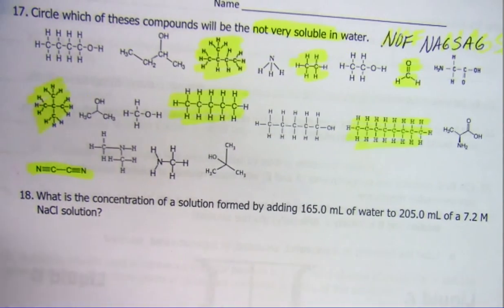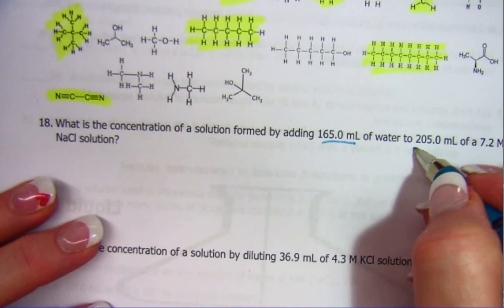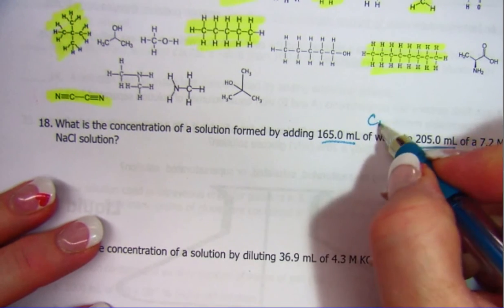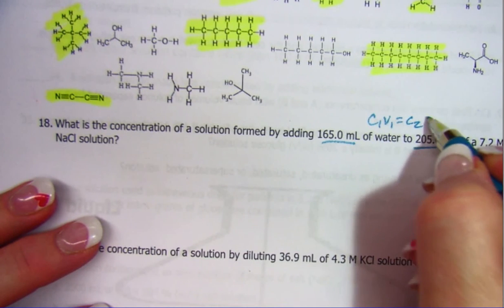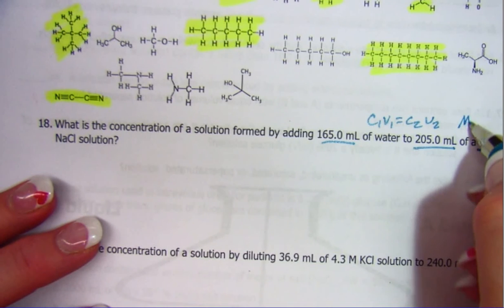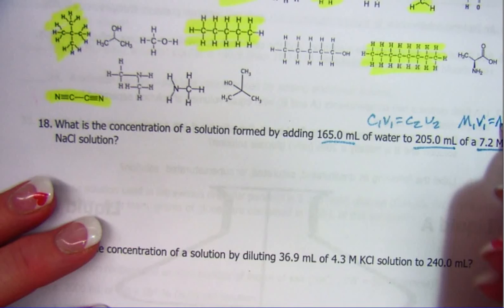All right, next one. We're looking at what is the concentration of solution formed by adding this many milliliters of water to this many milliliters of water that was at this concentration. This is C1V1 equals C2V2. The concentration times the volume equals concentration times the volume. Specifically, molarity times volume equals molarity times volume.